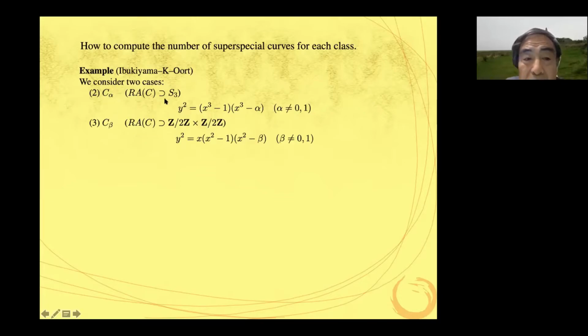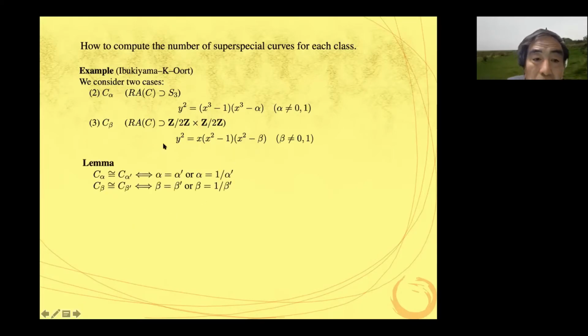Then it is easy to show such a curve has such a normal form. Also, this curve has such a normal form. It is not difficult to show. And we can check when they are isomorphic to each other. If you give alpha and alpha', for example, then C_alpha is isomorphic to C_alpha' if and only if this or this. C_beta is also the same.